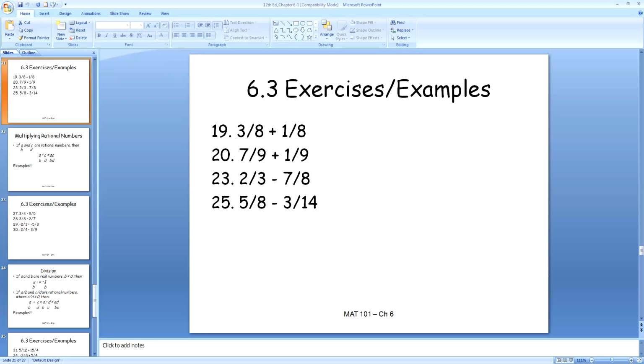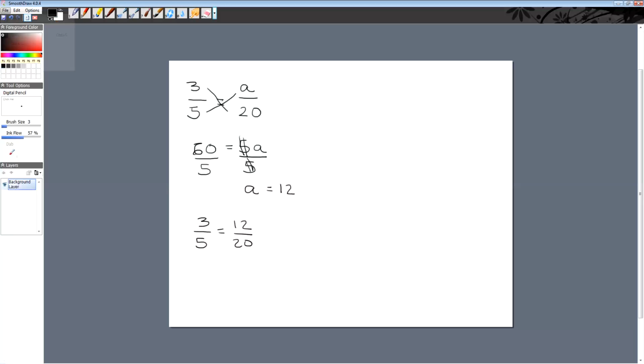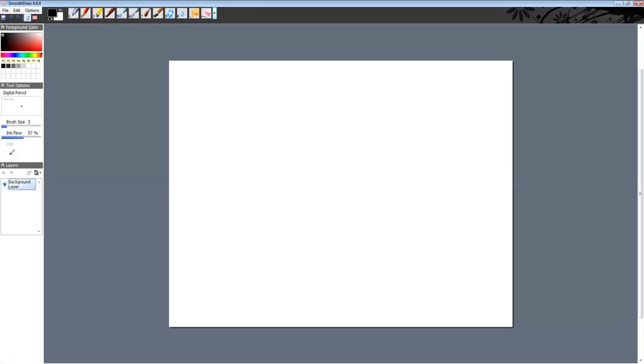Use the order of operations as necessary. So in number 19, we have 3/8 plus 1/8.